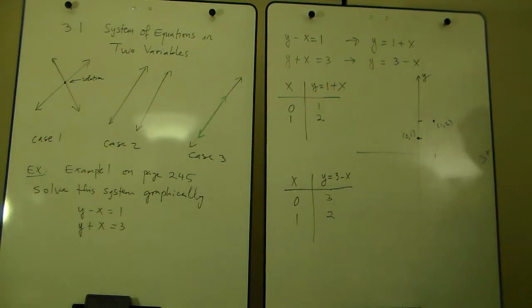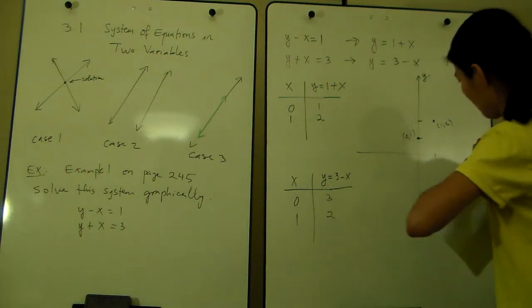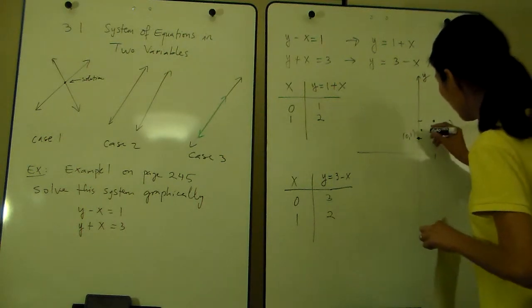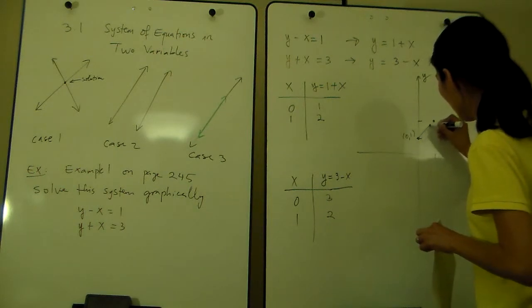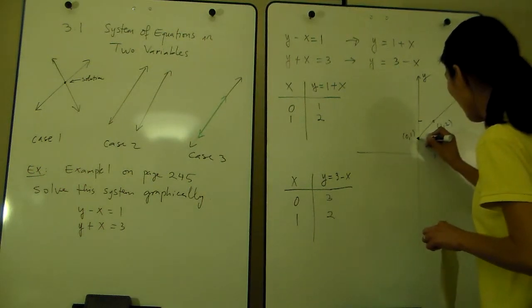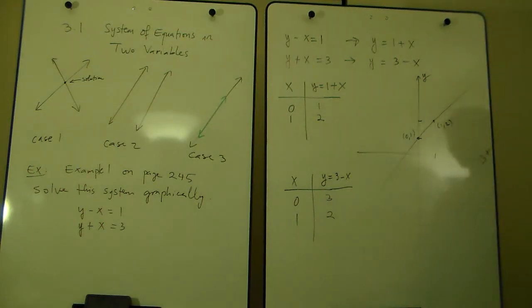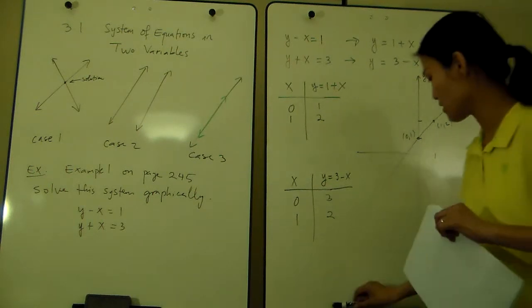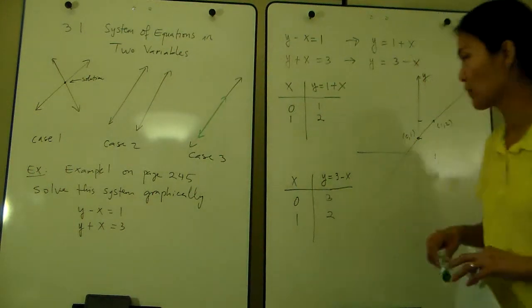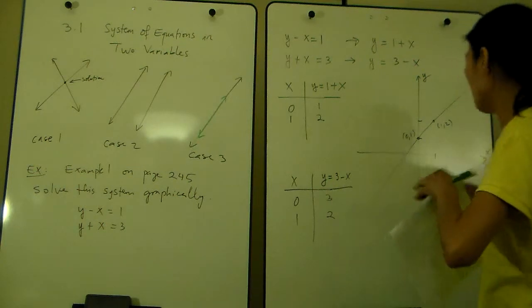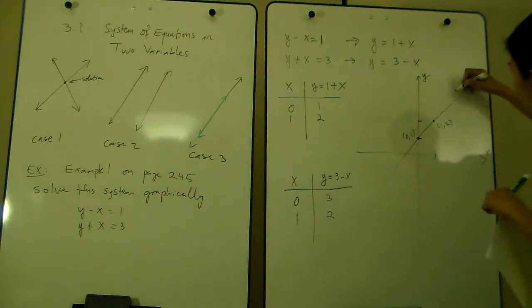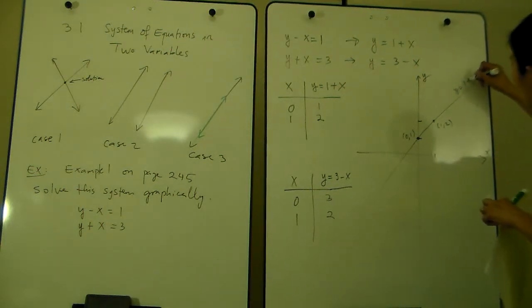If you have 2 points, you can draw a line. The first one goes through the 2 points, somewhere here. Now let's draw the second line. This time, let me use the green color. And let me label the first line y equals 1 plus x.